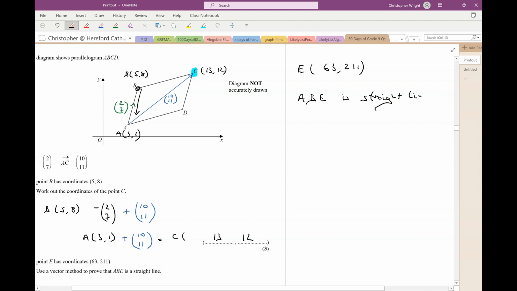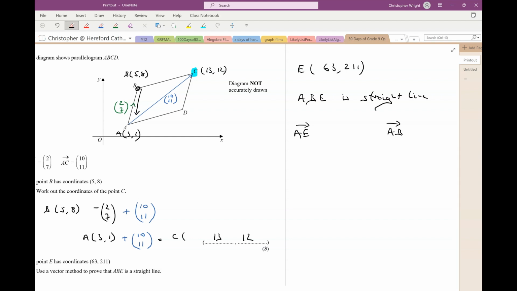So, if we have a think about the vector from A to E, and we have a think about the vector from A to B, if AE is a multiple of AB, then ABE is a straight line.